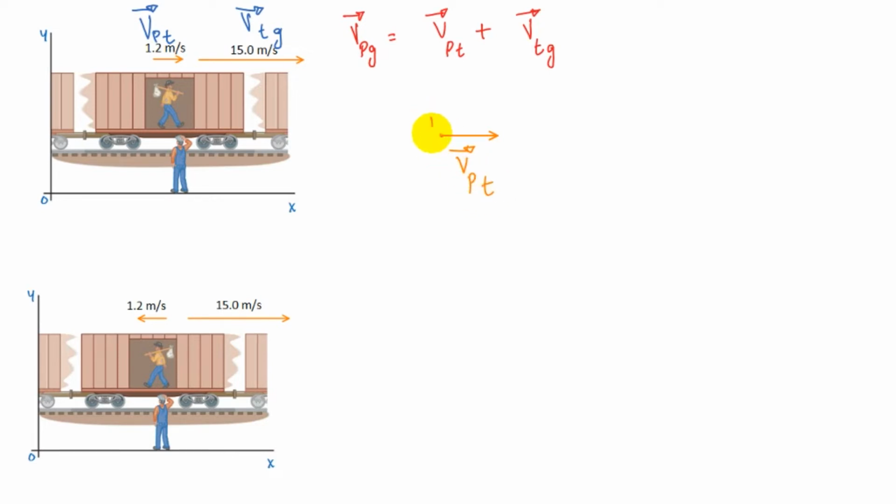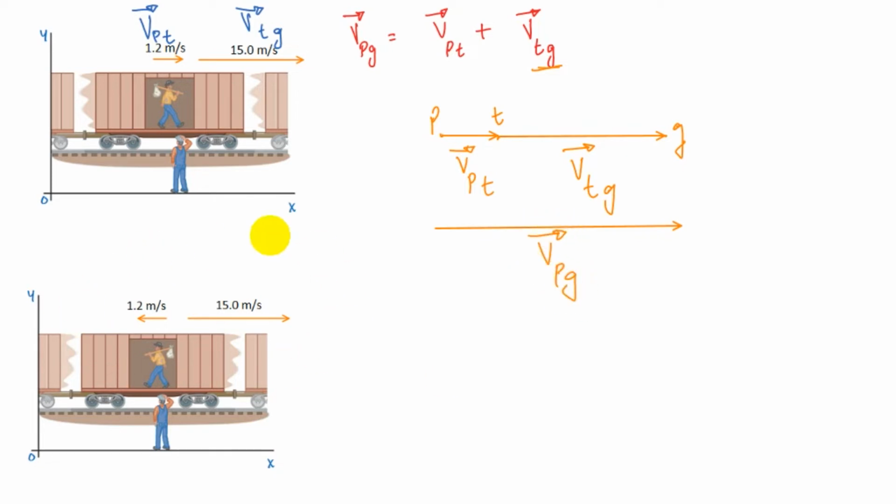This point is P and this is T. Now next we have to add this vector with this velocity vector, which is velocity of train with respect to ground. So this is the velocity vector of train with respect to ground, and this is G here. Now we have to add these two vectors, so we'll get a new vector, and this vector will represent the velocity of a person with respect to ground.